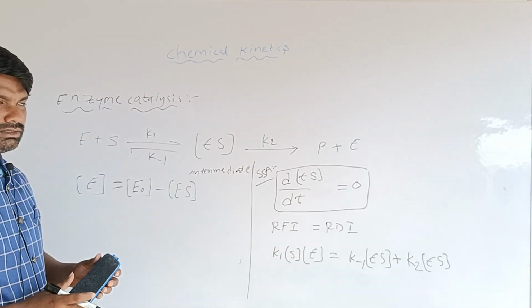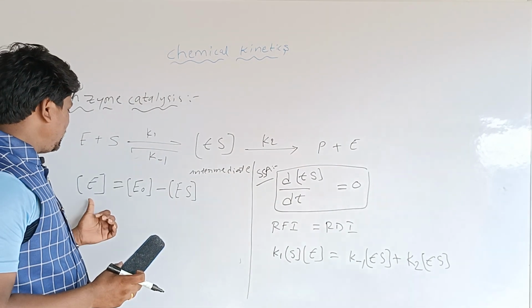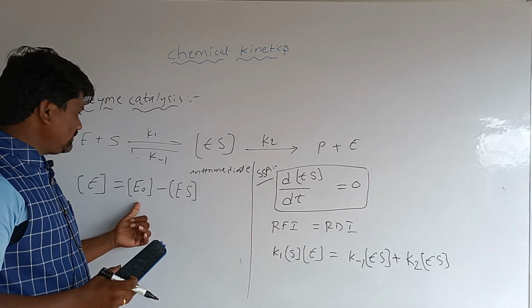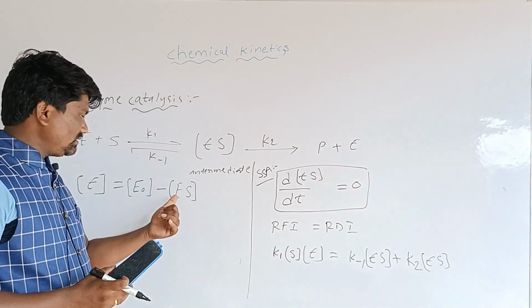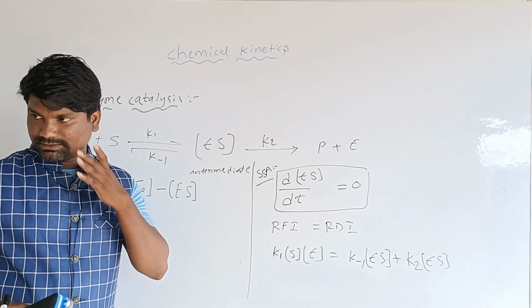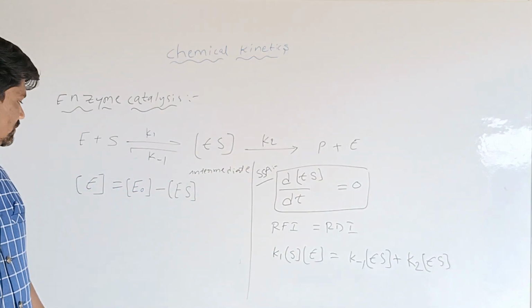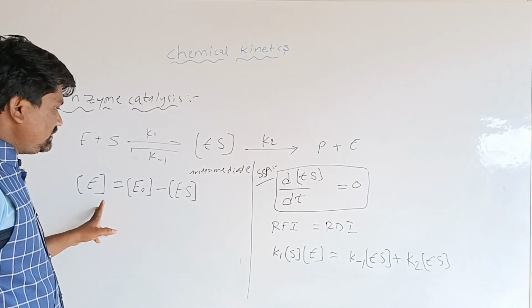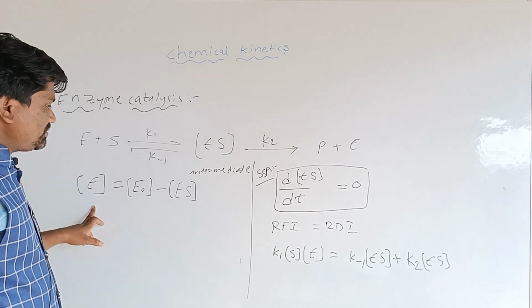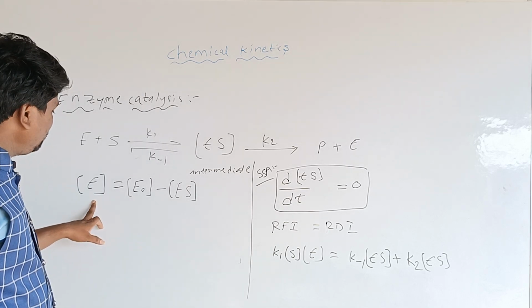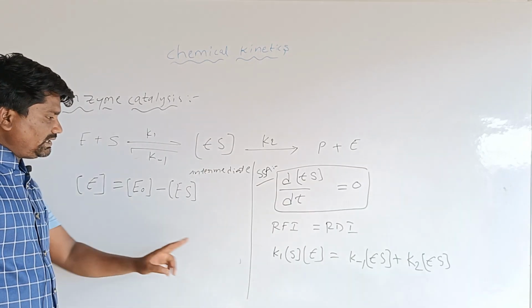E naught is the initial enzyme concentration, and ES is the enzyme substrate complex. This enzyme concentration is substituted in this equation.